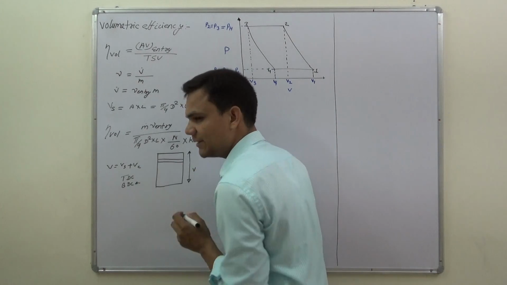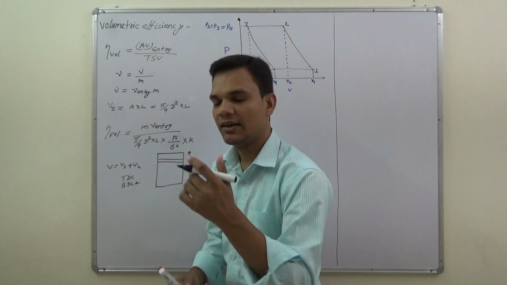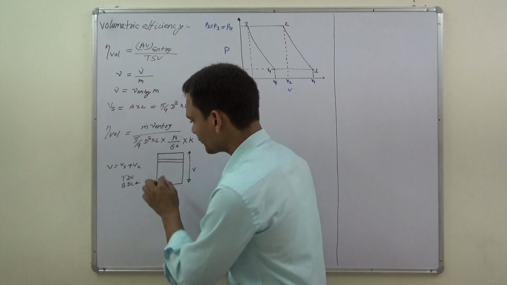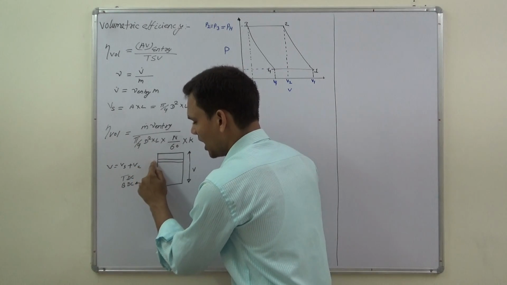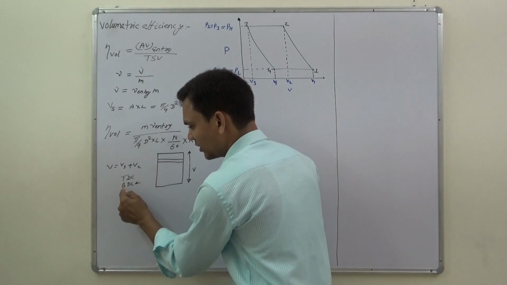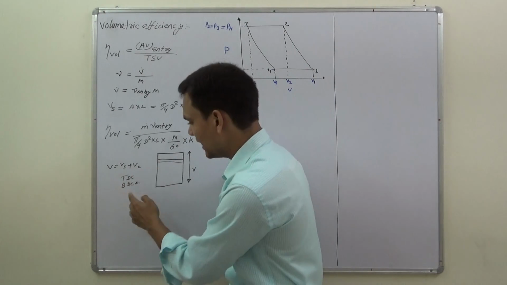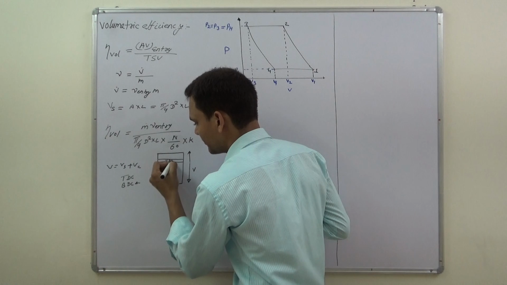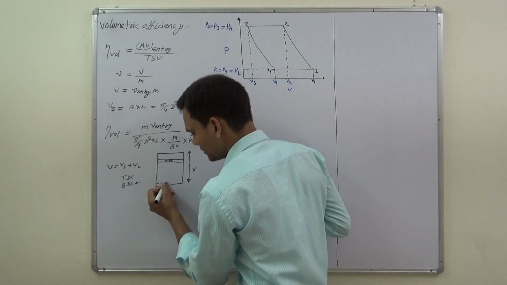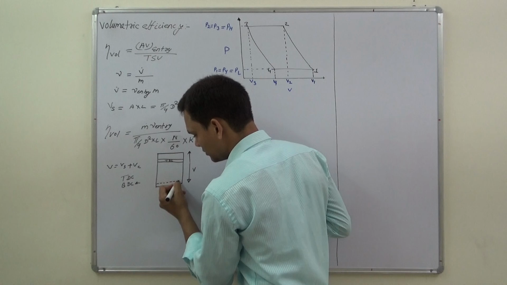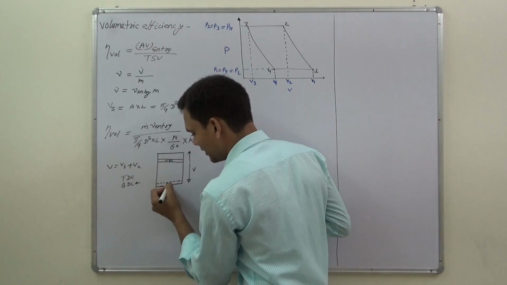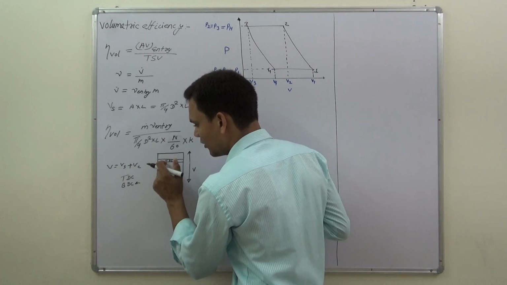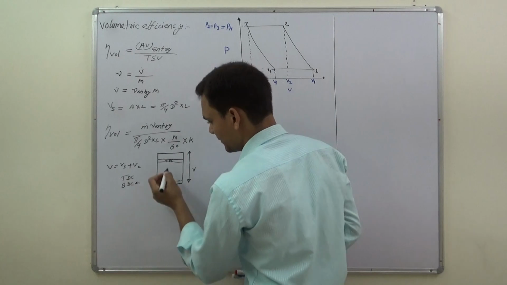If the cylinder is vertical, we show it this way; if the cylinder is horizontal, then we show it by outer dead center, or bottom dead center we call inner dead center. This is the top position, this is top dead center, and if the piston is here, suppose, then this will be bottom dead center, or inner dead center, outer dead center. These are two positions.